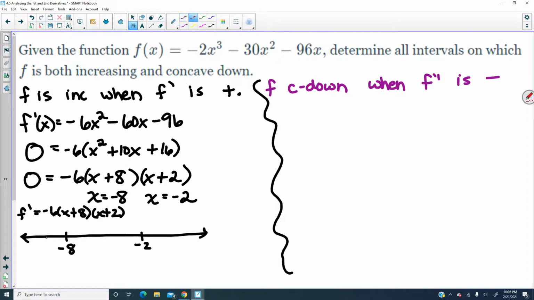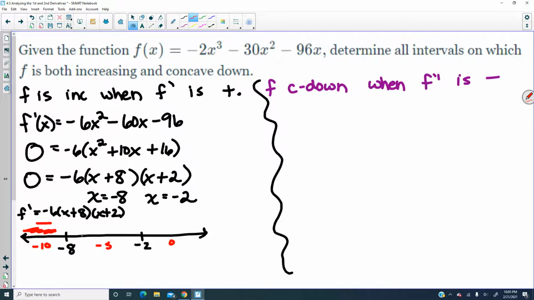All right, let's say I'm going to test negative 10, negative 5, and 0. If I test negative 10, negative 6 would be negative. Negative 10 plus 8 is negative. Negative 10 plus 2 is negative. So negative times negative times negative is negative.